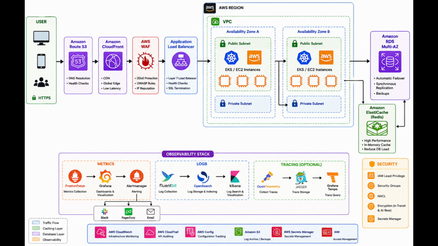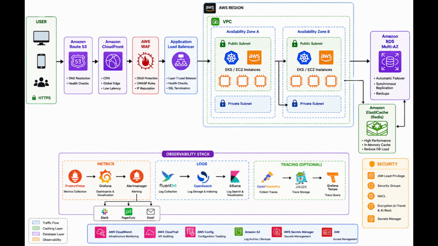So we have to ensure that our Kubernetes workloads or EC2 instances are deployed across multiple availability zones. It is going to ensure that the application remains available even if an entire availability zone fails or goes down for any reason. Okay, so that can happen anytime. So we have to ensure that we have high availability in terms of availability zones.